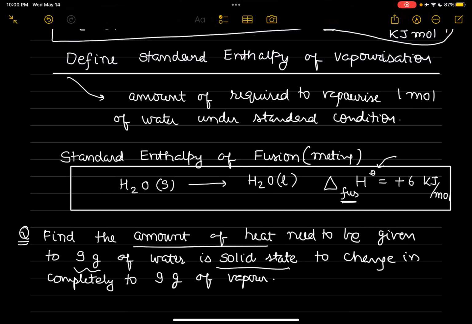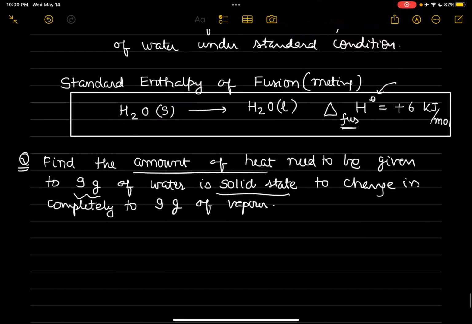So solid to liquid and liquid to vapor. I should write these two equations. You start from the solid, change it to liquid first, then from liquid you change it to gas, vapor.